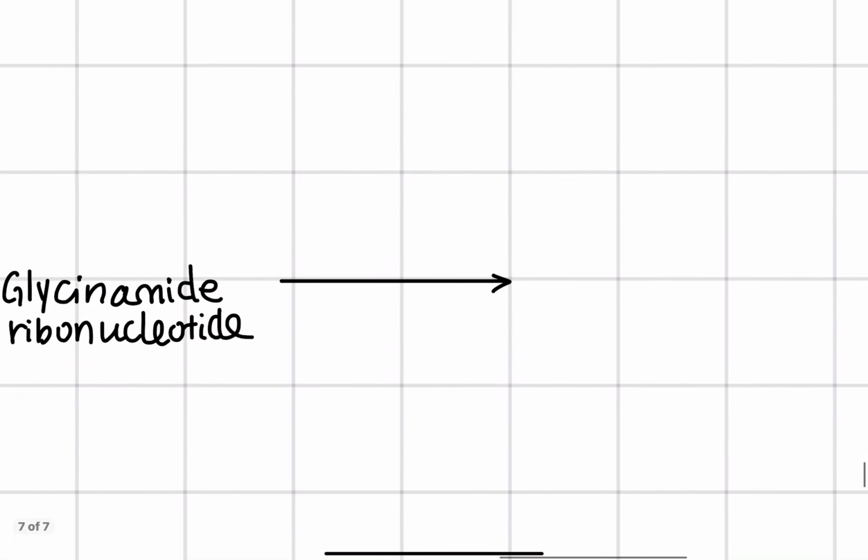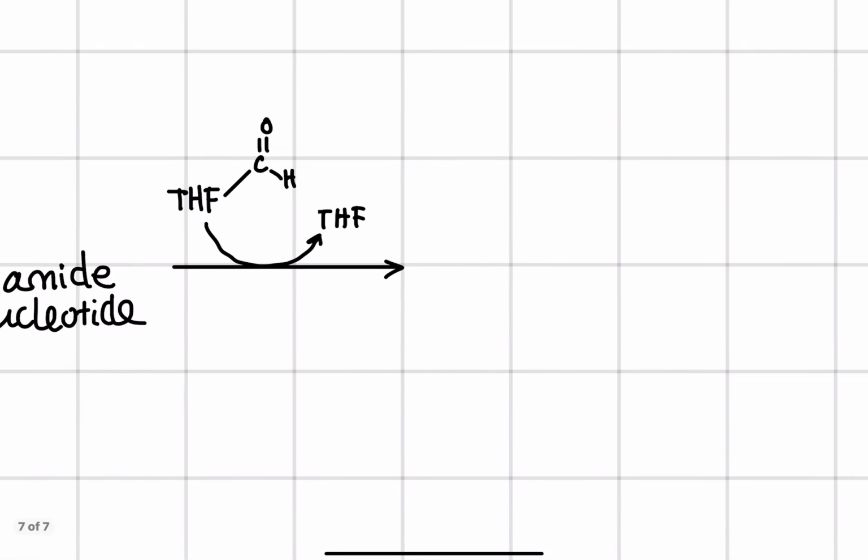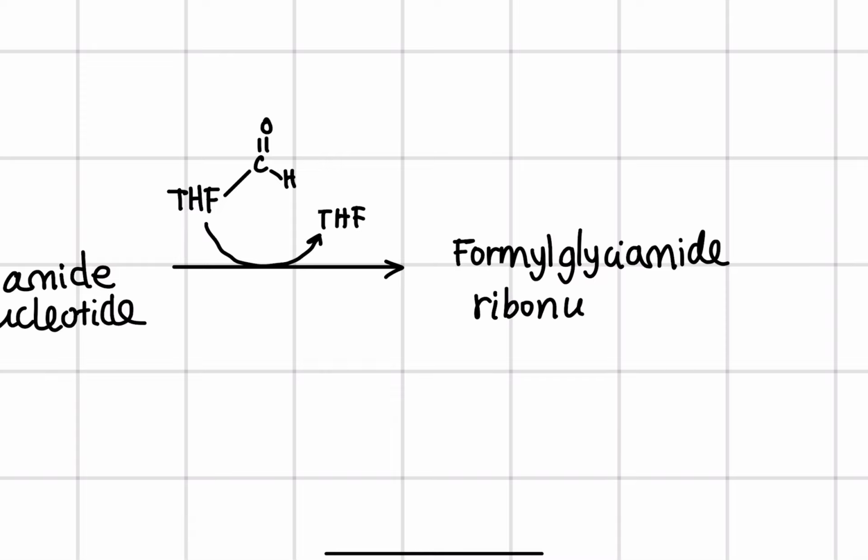So we just get that formyl group to transfer onto glycine amide ribonucleotide. So we form formylglycine amide ribonucleotide.